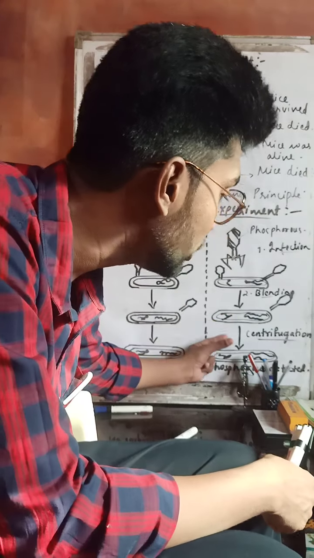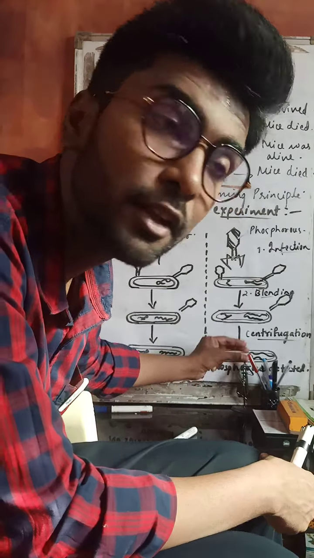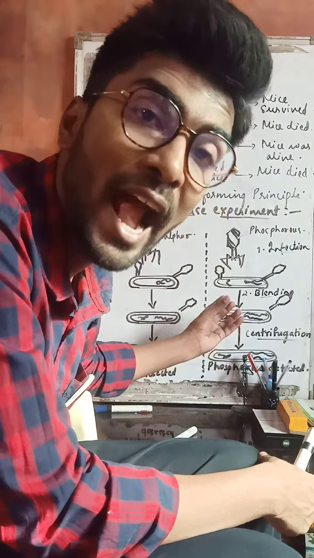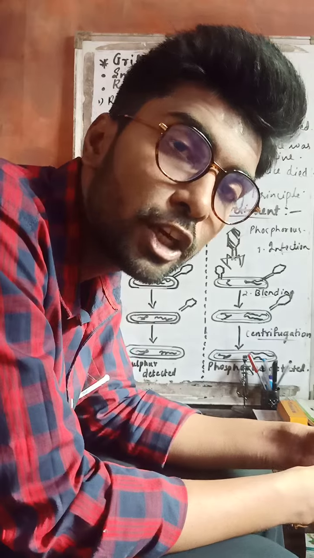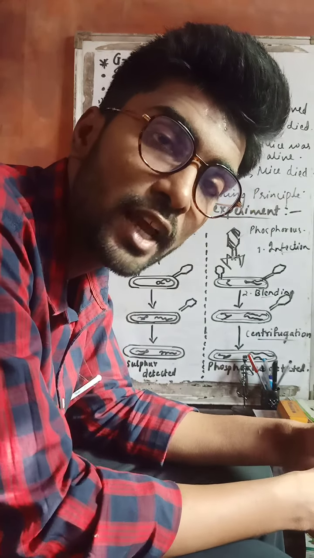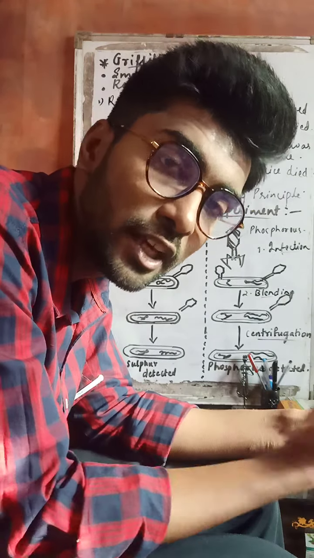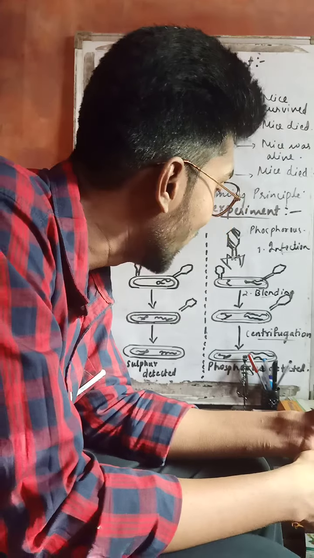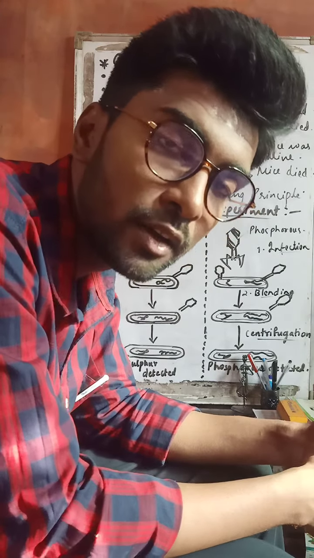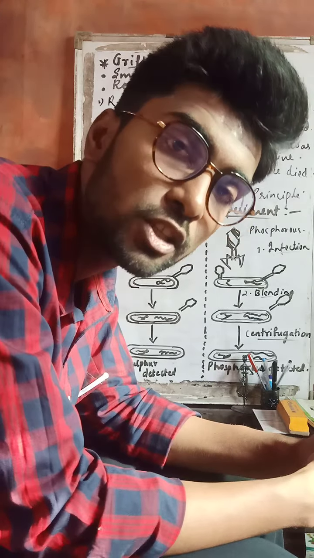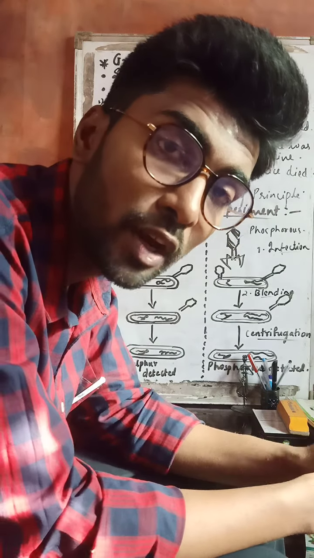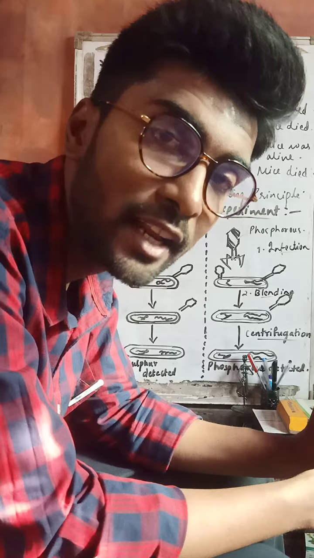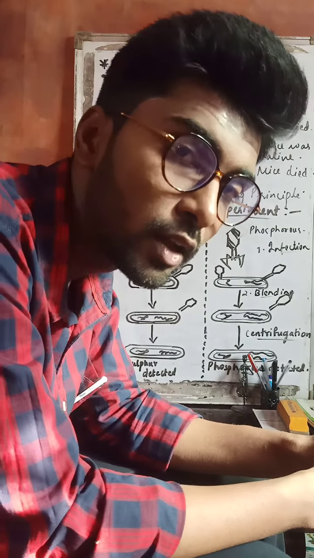So as the radioactive DNA had an ability to penetrate inside the bacterial cell, finally Hershey and Chase concluded that as DNA can enter the bacterial cell, DNA is considered as the genetic material. This was the conclusion given by the scientists Hershey and Chase in their experiment.